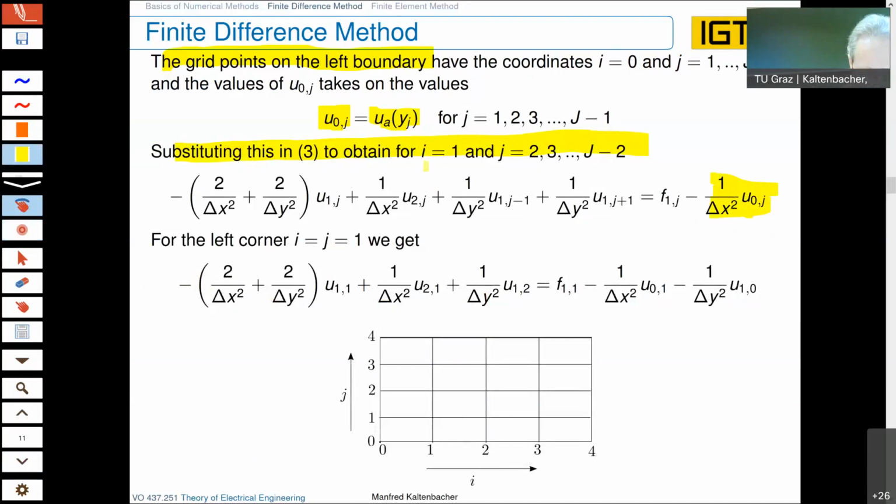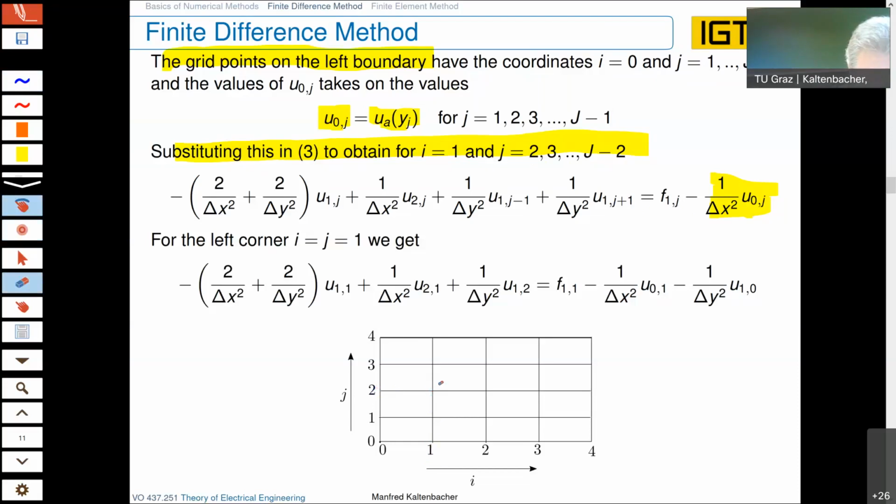As you see, i is equal to 1, and take care, for this case i is equal to 1, so it is this part here. And j, take care, goes from 2 to j minus 2, which means I should take the unknowns, sorry.